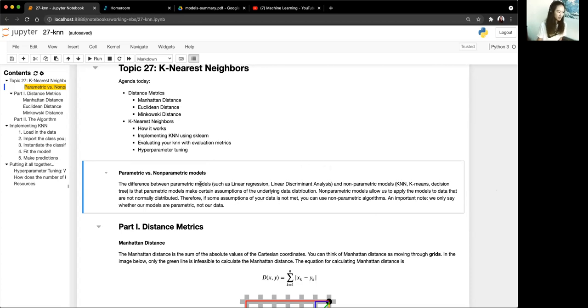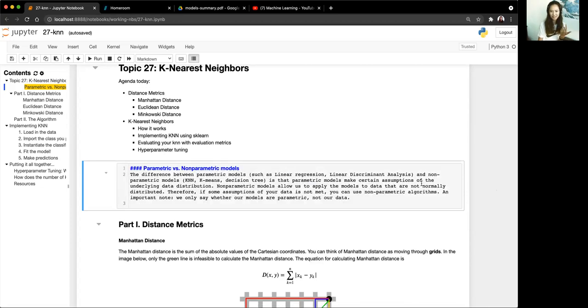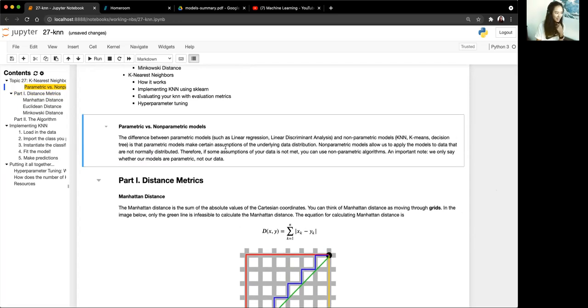So the main difference between parametric models such as linear regression and linear discriminant analysis, that's something we'll hit in phase 4 as well, and non-parametric models, one of which is K-nearest neighbors, K-means, that's a phase 4 thing too, decision tree, that's what we're hitting on Saturday, is that parametric models make certain assumptions of the underlying data distribution. That's why we had to do linearity checks, heteroscedasticity versus homoscedasticity checks, multicollinearity, so on and so forth.